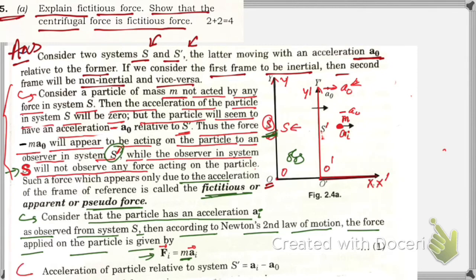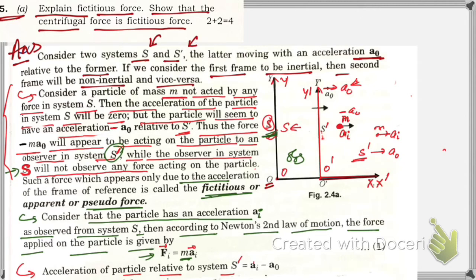Now the acceleration of the particle relative to the system S dash. Now you see, this system S dash is moving with an acceleration a naught, and this particle of mass m is also moving with acceleration a i. So therefore relative acceleration, that means relative to S dash, what will be the acceleration?